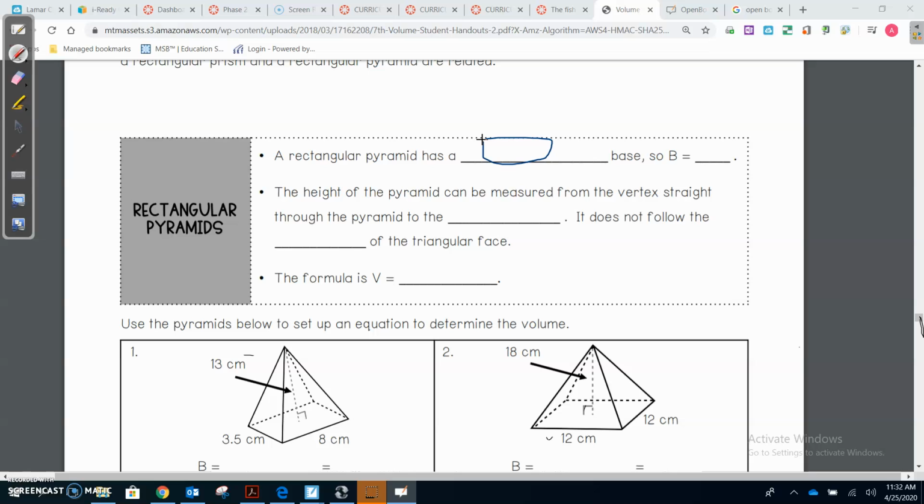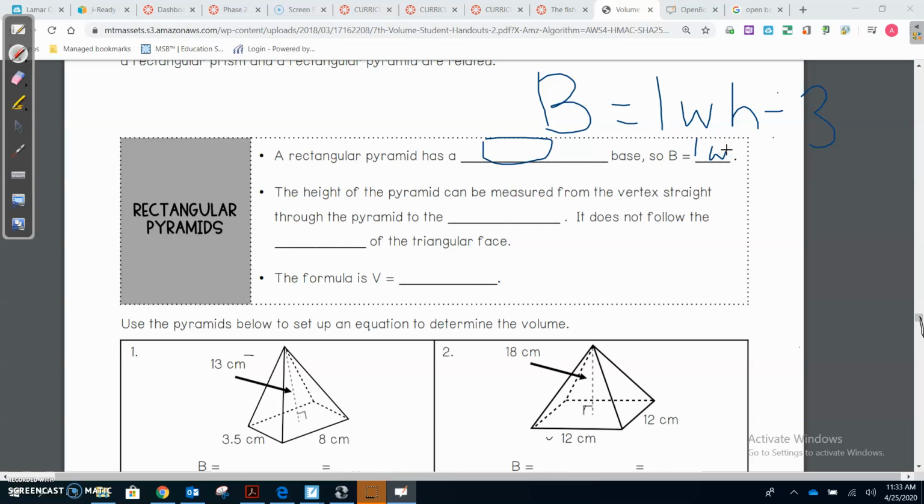So the big B that we normally see on our star chart equals length times width of the base. Times the height of the pyramid, and when we do this for pyramids, we divide that by 3. So the big B is length times width.